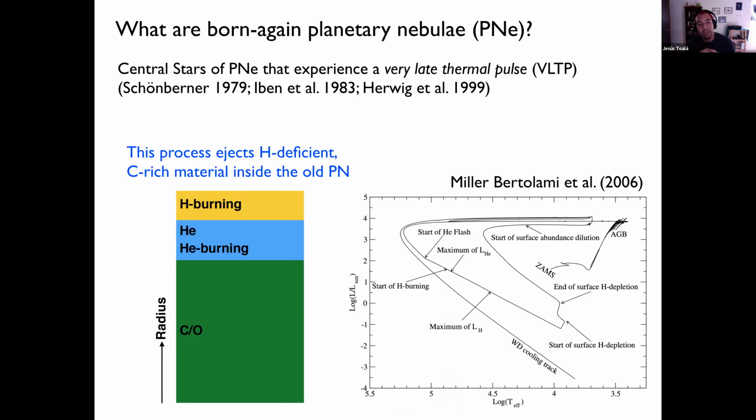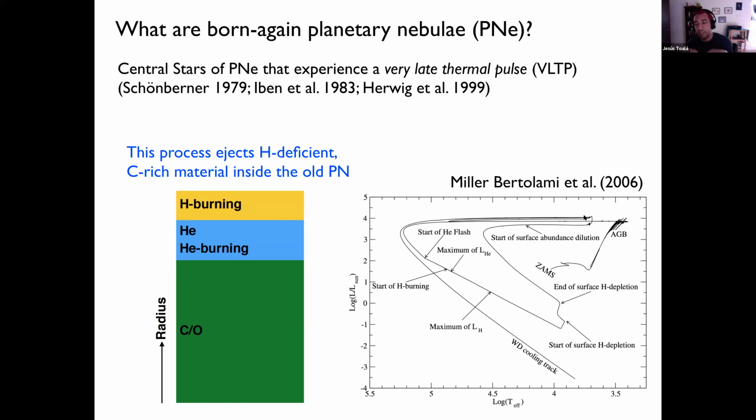At this point, the helium may engulf the hydrogen burning shell, and the star increases its opacity at the surface, and then it is taken back. This is an HR diagram. The star is taken back to the post-AGB region of the HR diagram.